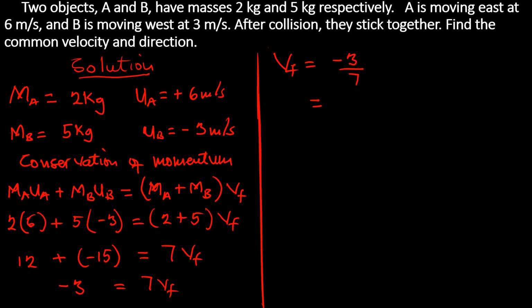So by using the calculator, minus 3 divided by 7 will give us minus 0.42 meters per second.